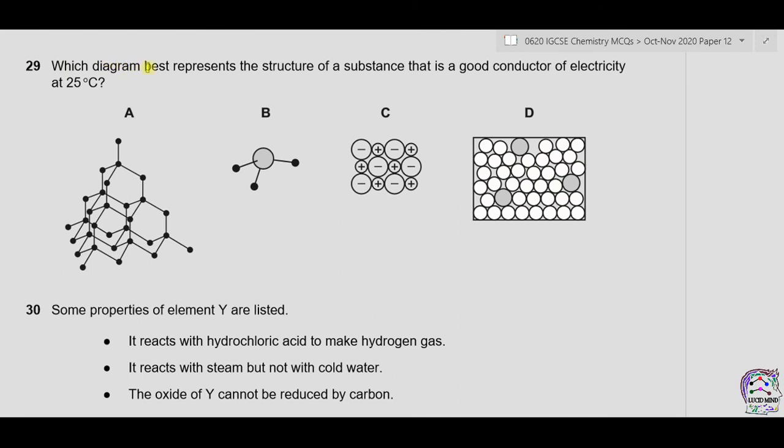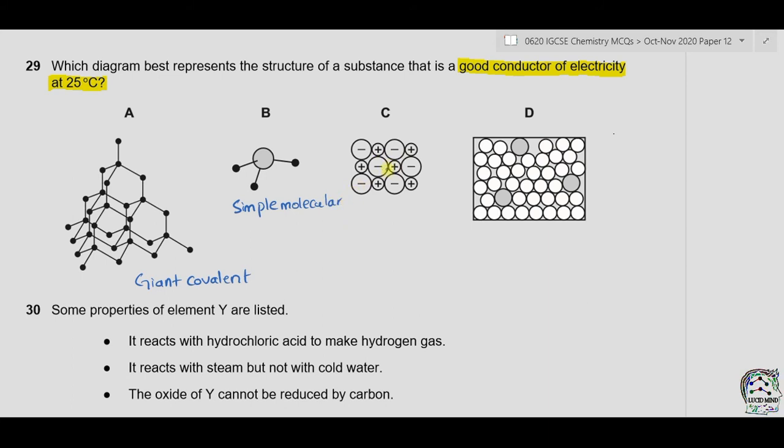Question 29. Which diagram best represents the structure of a substance that is a good conductor of electricity at 25 degrees centigrade? From the structures given, we can see that A is giant covalent compound. B is simple molecular, as simple molecule consists of 4 atoms.